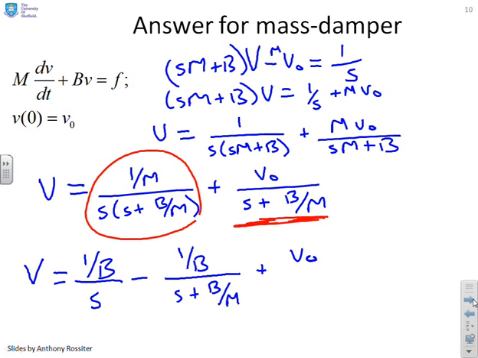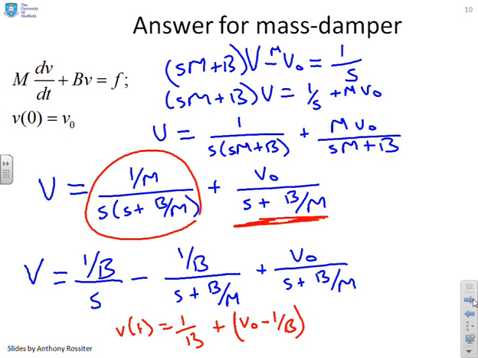So here's my total partial fraction expressed in the forms that are in the table. Now I can write down the answer at the bottom: v(t) is going to be 1/b + (v0 - 1/b) e^(-(b/m)t).